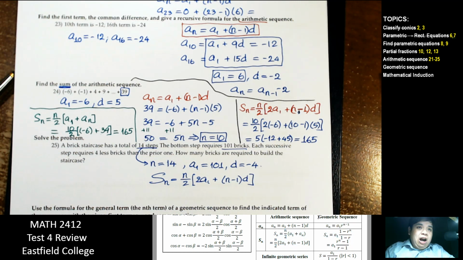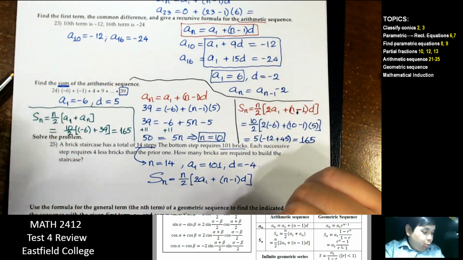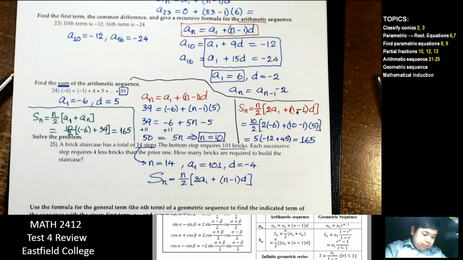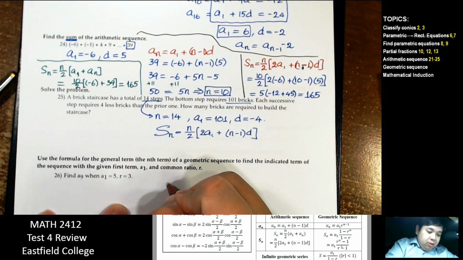I tried to highlight only the columns on the right, but I couldn't. So anyway, we focus on the right column. Pretty straightforward. We want the 26th, and we want the 9th term.